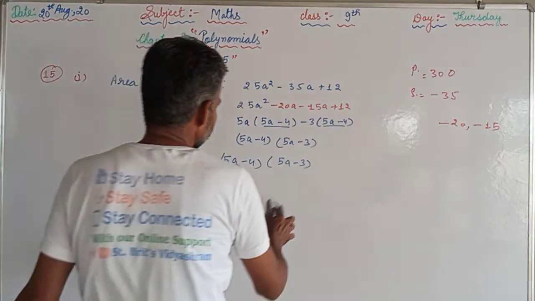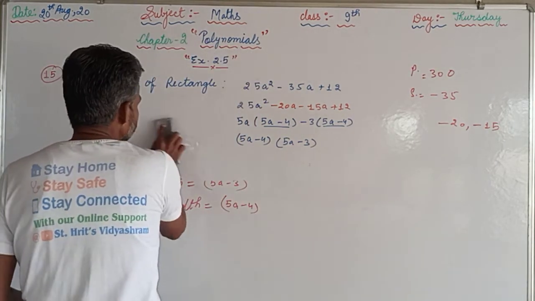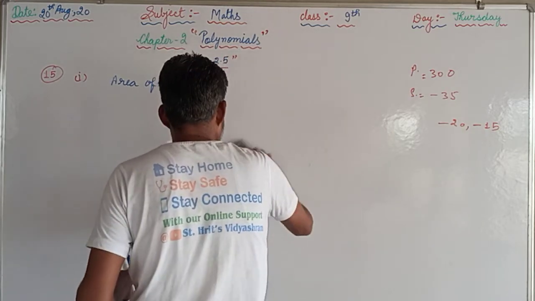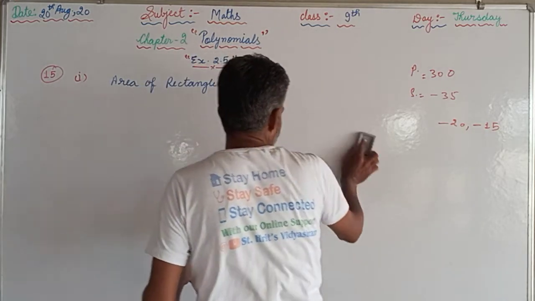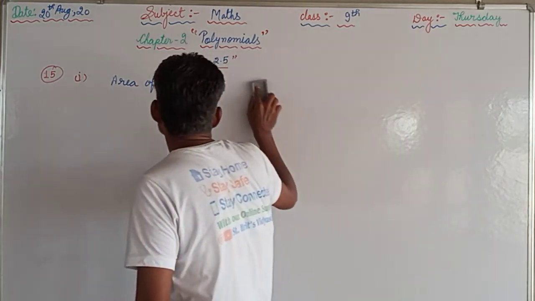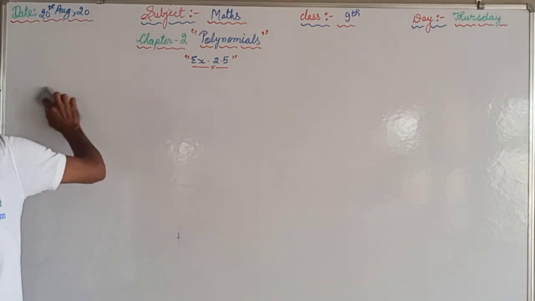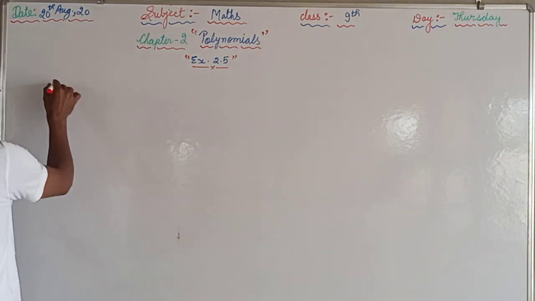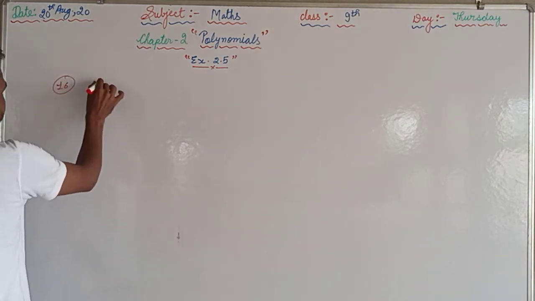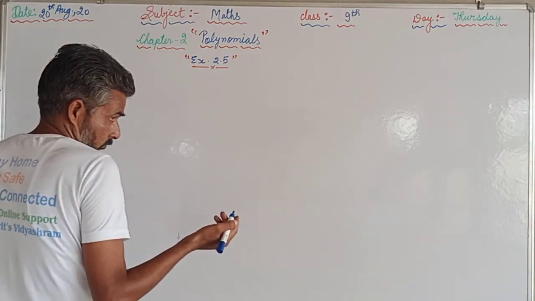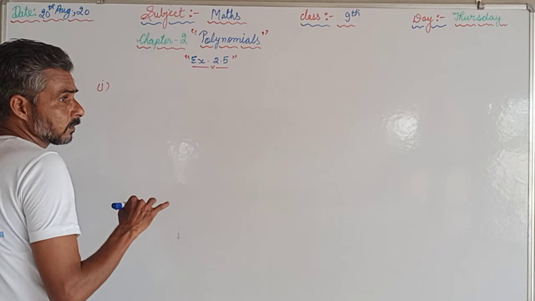At the same time we are supposed to discuss now question number 16. In that question the volume is given. Question number 16, again two parts are there. One we will discuss here, the second you will do on your own as homework.